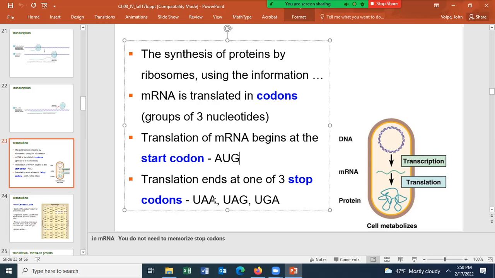And then protein translation stops. When it reaches the stop codon, the ribosome will disassociate. That will release the protein from the messenger RNA, and then the protein will go and do whatever it's supposed to do, or move to wherever it's supposed to move in the cell. Any questions about any of that?